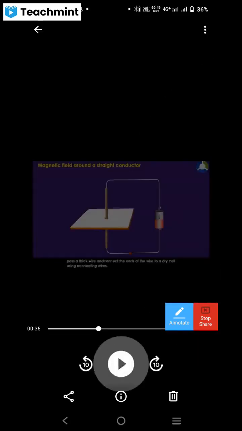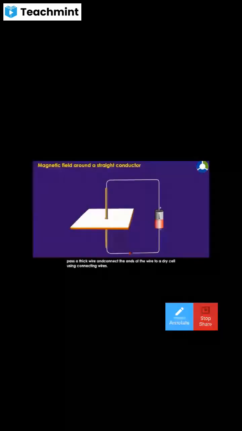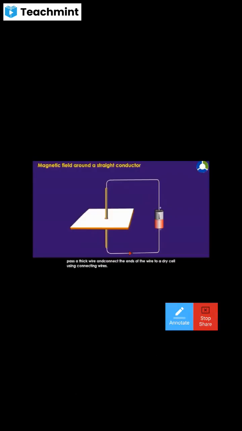They have kept a white paper and connected a battery to it. In between they have put a thick conducting wire. So what happens now? They are using a compass and plotting the direction it shows. You can see what type of circles are made here.